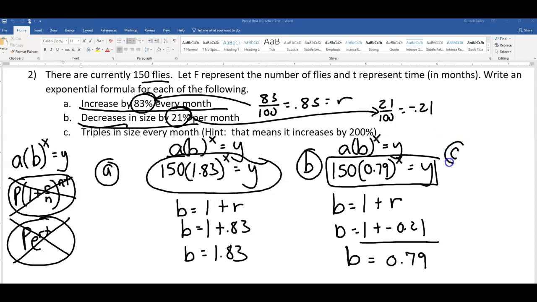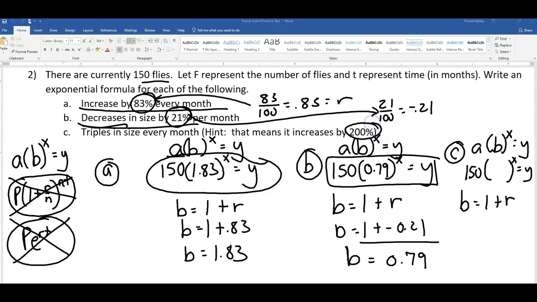But other than that, a lot of this is exactly the same. So we have A times B to the x equals y still, right? We're still starting with 150 flies. And we still need to find our B value. B is equal to 1 plus R. My R is the percentage, which is 200, divided by 100, which is 2.